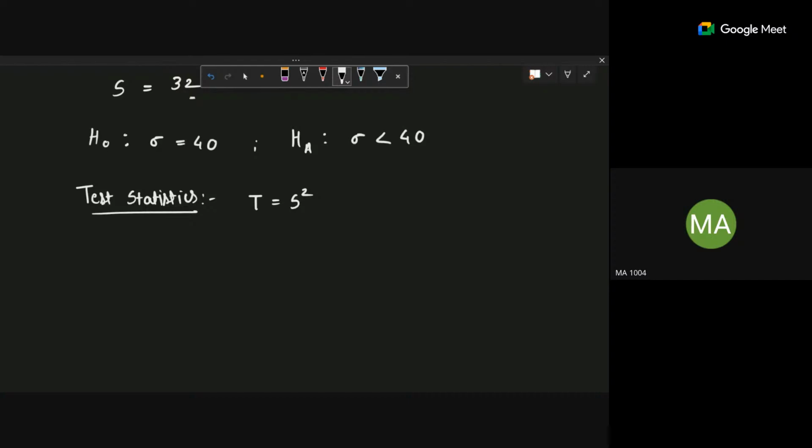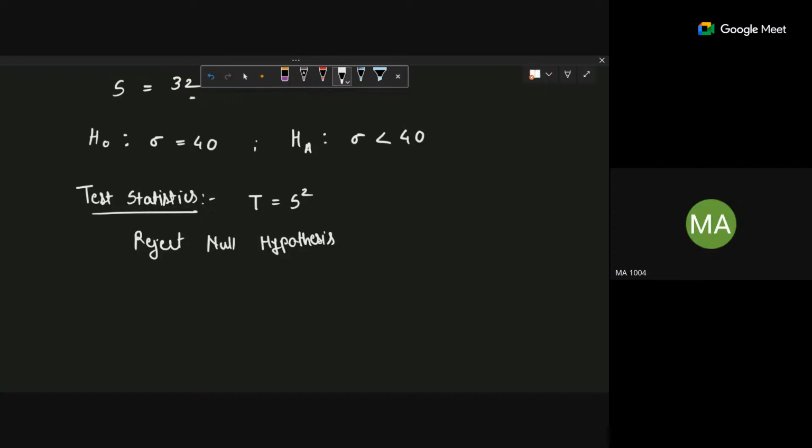Okay. When will we reject our null hypothesis then? That is also something we have to set, right? When would you like to reject the null hypothesis? When null is true.